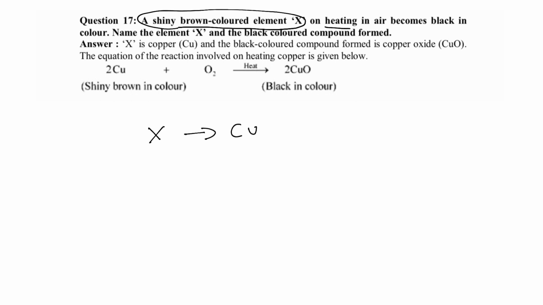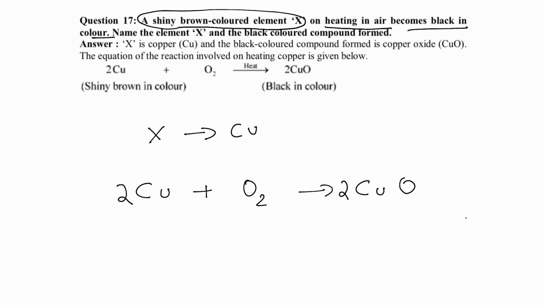Now, on heating in air. Anything heated in air means reacting with oxygen. That you must know. So definitely copper reacts with oxygen. What will you get? You will get copper oxide, and after that you can balance it. It becomes black in color.